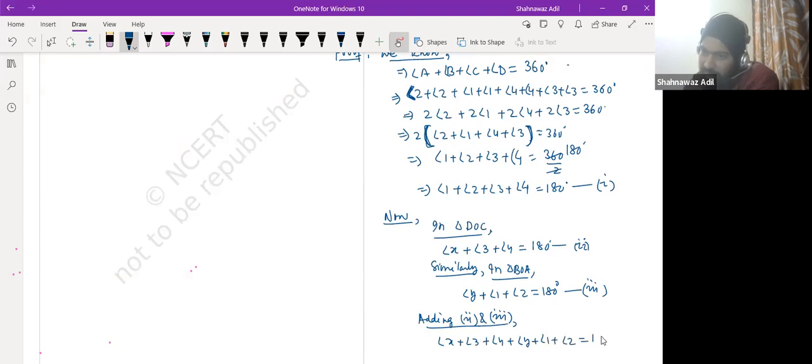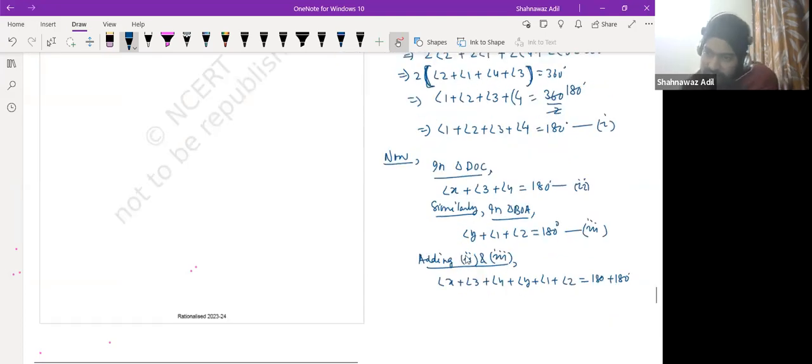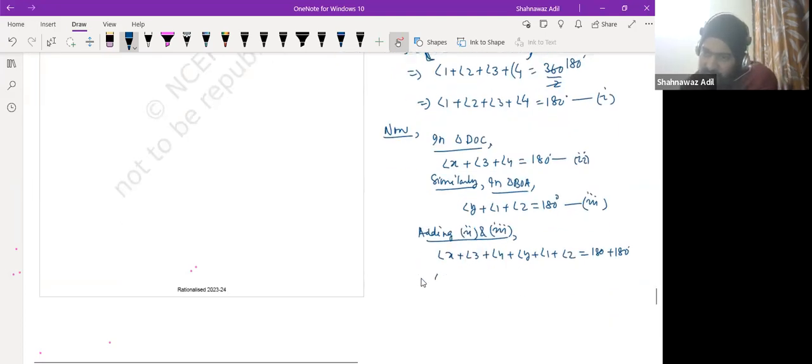That is 180 plus 180. So how much is this? This is x plus angle y plus angle 1 plus angle 2 plus angle 3 plus angle 4. That is 180 plus 180, right?